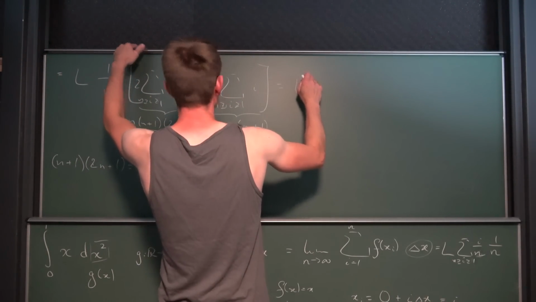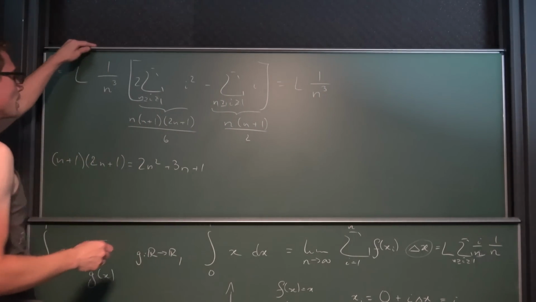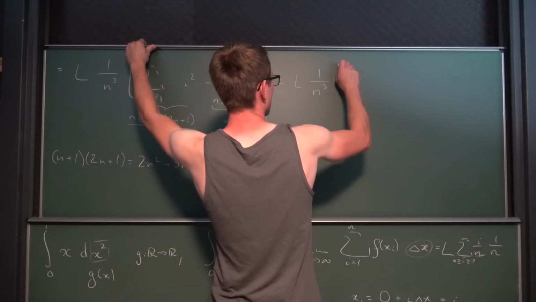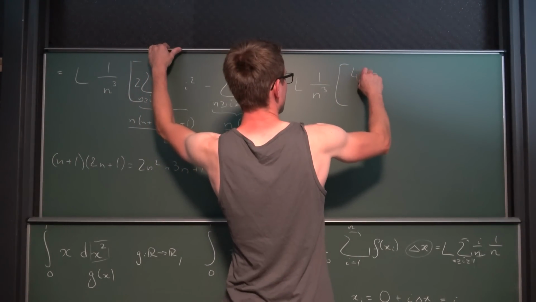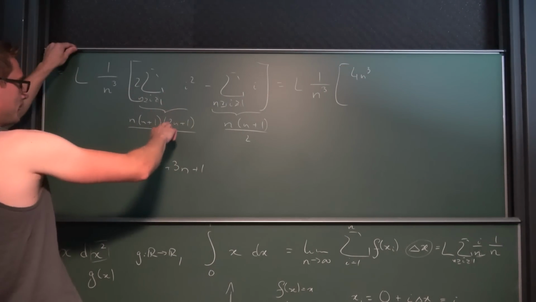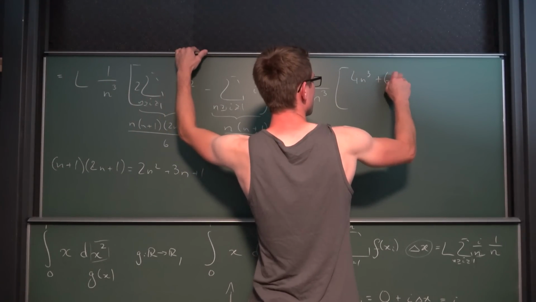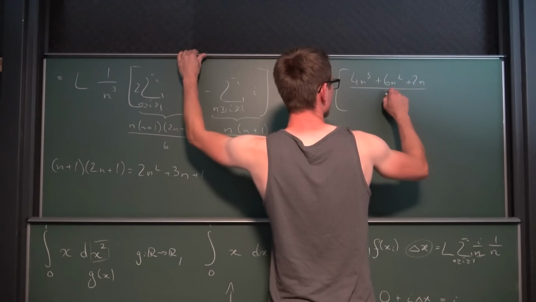All in all, we are going to get the limit as n approaches infinity of 1 divided by n cubed. We are going to get, on the first term, 4n cubed. Next up, we are going to get plus 6n squared plus 2n, divided by 6.